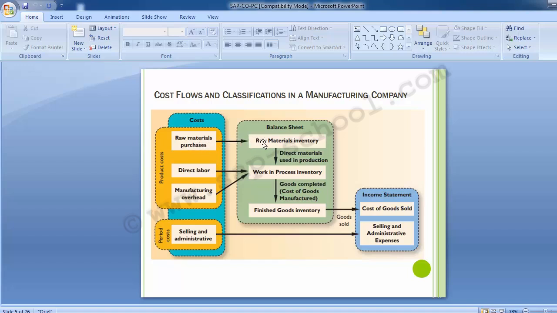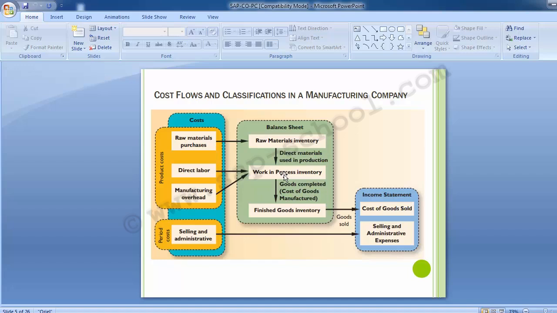raw material purchases flow to the raw material inventory account, and when the raw material is used for further processing or manufacturing purposes, the cost moves from the raw material inventory account to the work in progress inventory account. So this is where the direct material is used in the production process.